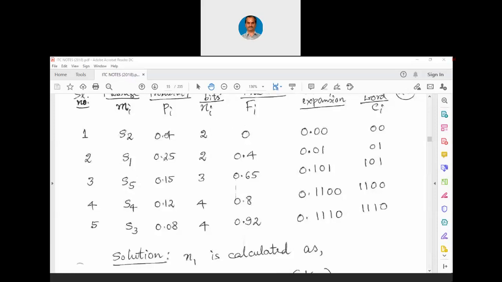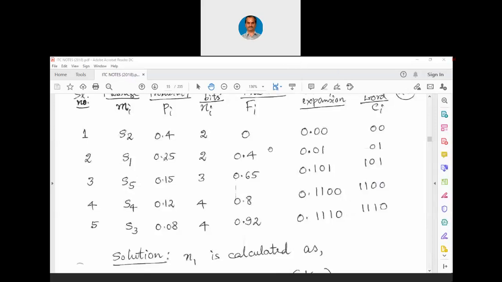Add this with the first probability which is highest, 0.4. Then keep on adding: 0.4 plus 0.25, 0.65. Then plus 0.15, 0.8, plus 0.12, 0.92. Obviously, you don't have to add the last one because 0.92 plus 0.08 you are going to get 1 itself. That is how this fraction is obtained. You can see this fraction is always between 0 and 1. 1 means certainty, 0 means absurdity. Now fraction is in between 0 and 1.